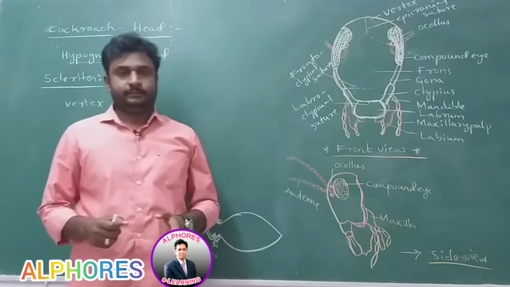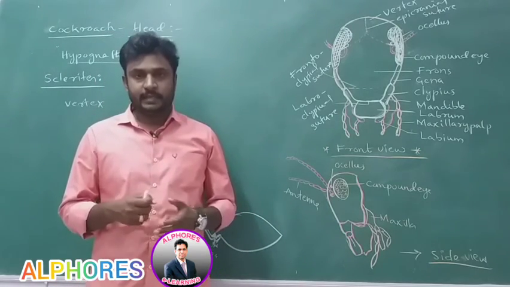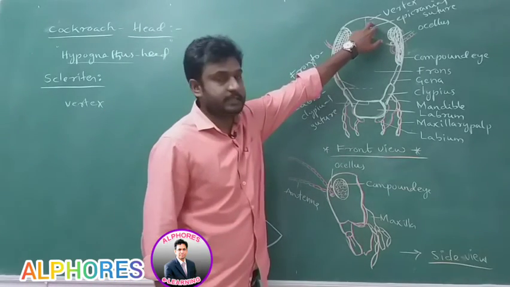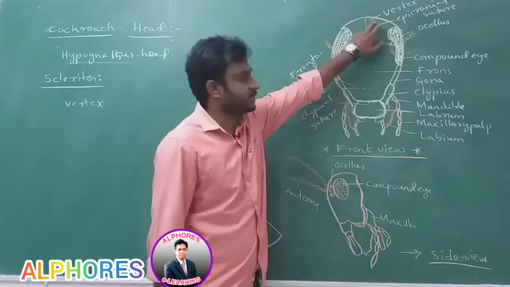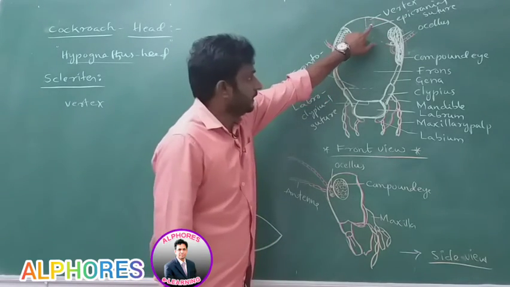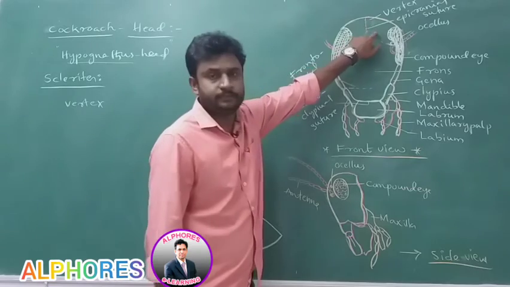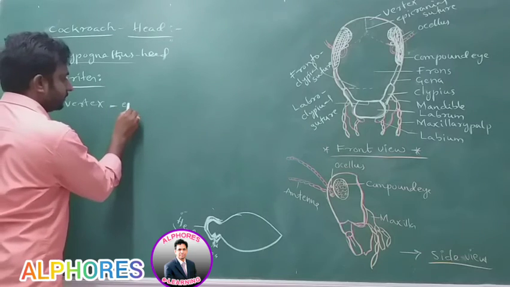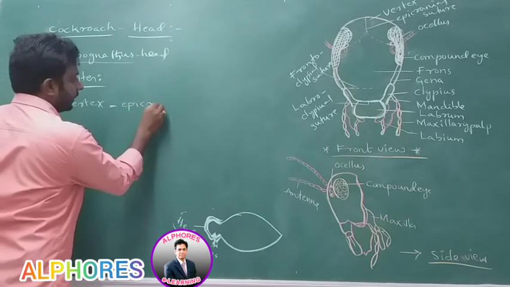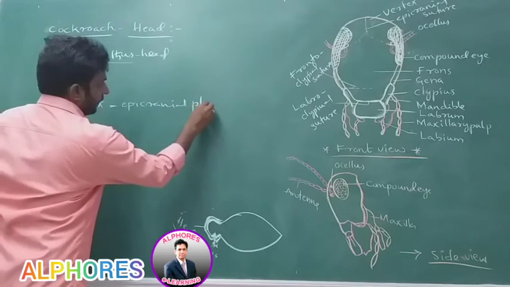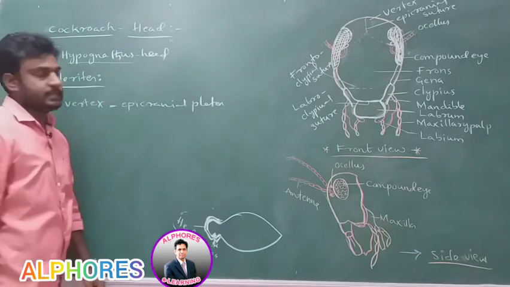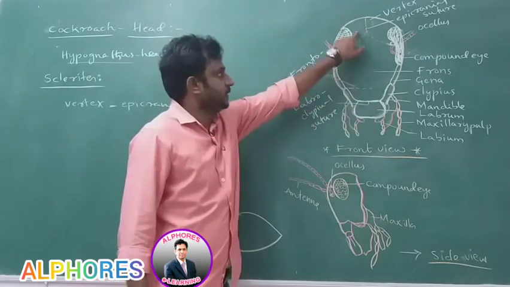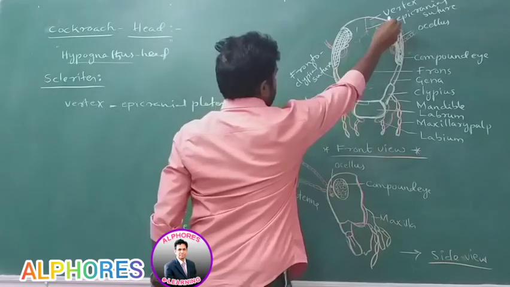The vertex is a plate. We are discussing the sclerites which cover the head. The top of the head between the compound eyes has one plate, which is called the vertex. Again, the vertex is covered with two plates, which are called epicranial plates: first plate, second plate.